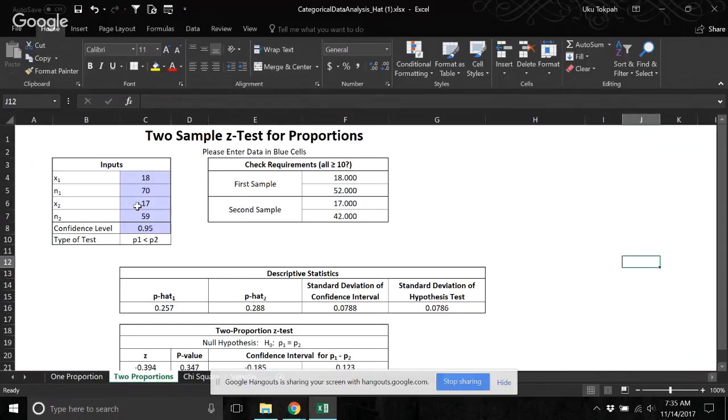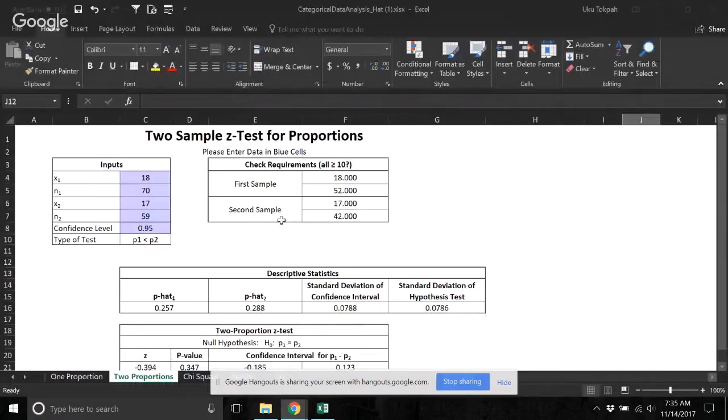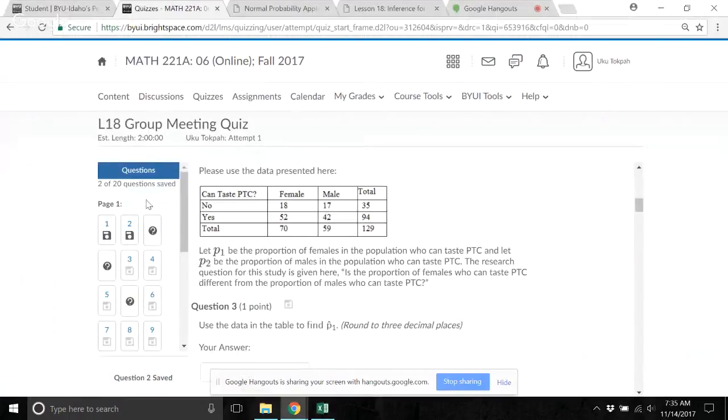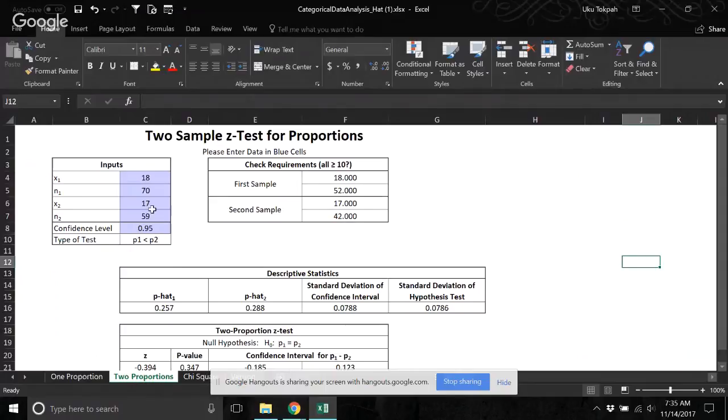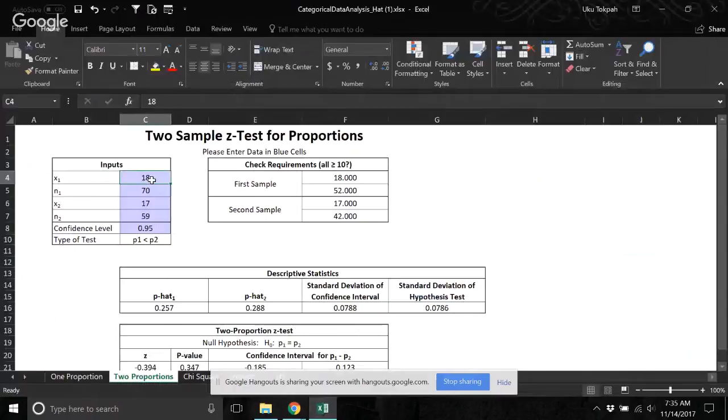Wait, my X. So this is N, right? I think so. Yeah, it should be N. Okay, and are they asking for yes? Okay, so this will be my yes. Actually, we're doing two groups, female and male, so X1 should be your yes on the female, and then X2 would be your yes on the male.